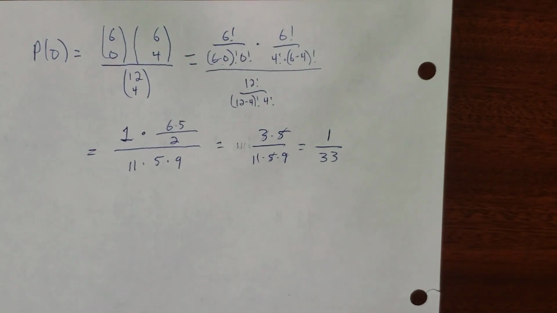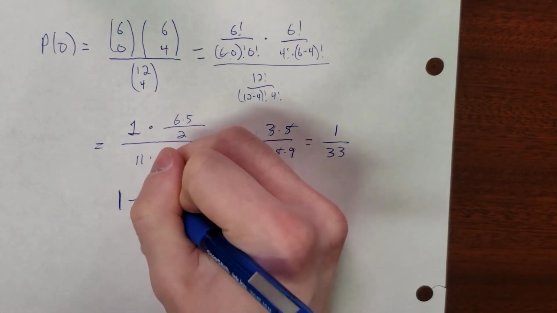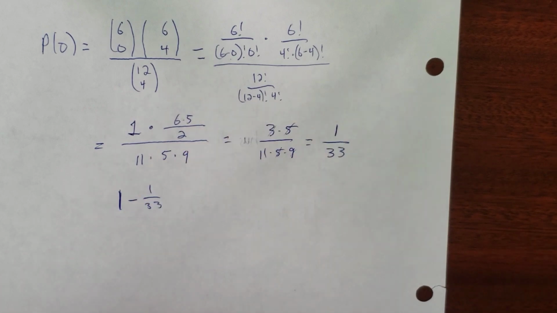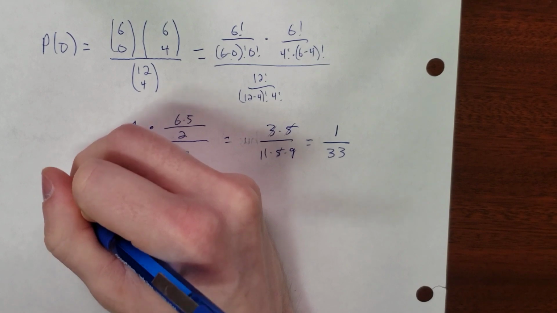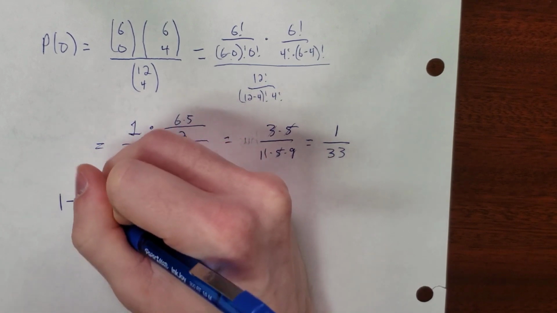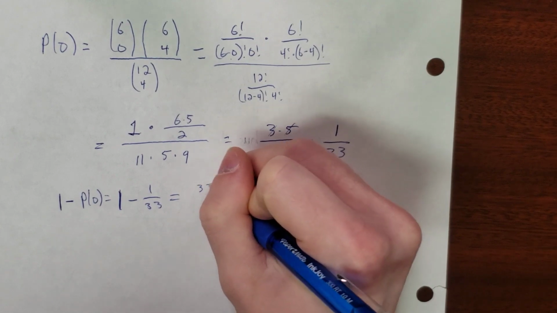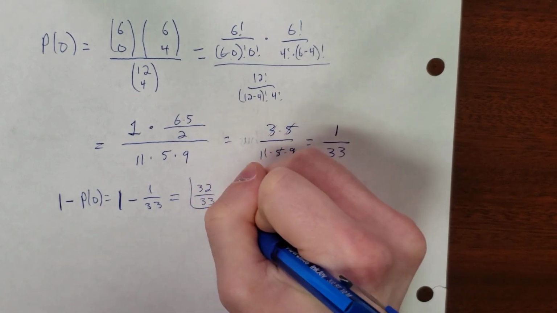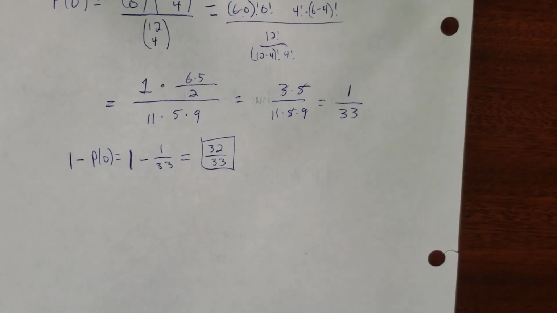So this is 1 over 33, which gives us then that the final solution to our problem was 1 minus 1 over 33 by what we had said at the beginning. Which is 32 33rds. And we have completed that.